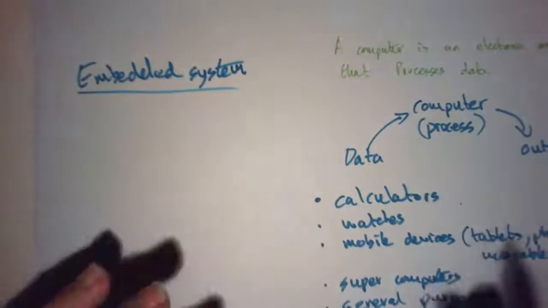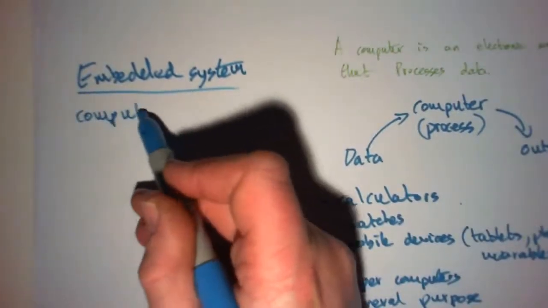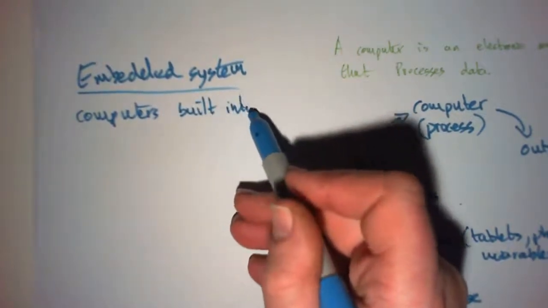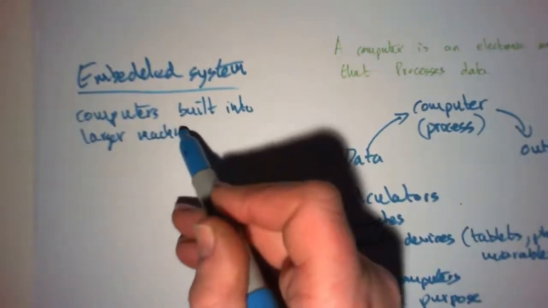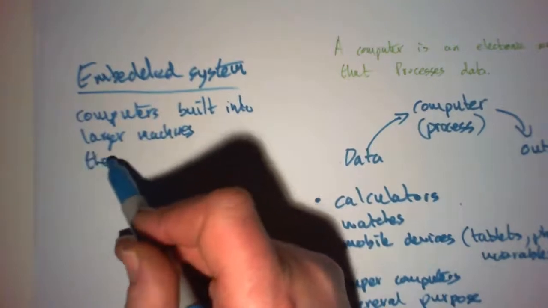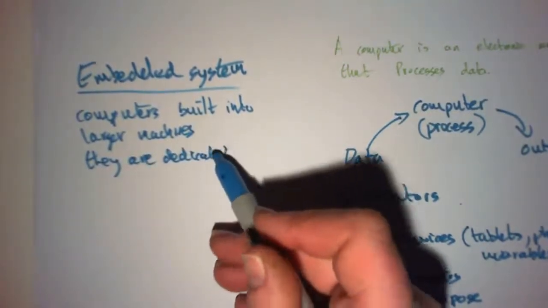So, embedded systems, these are computers built into larger machines. They are dedicated systems.